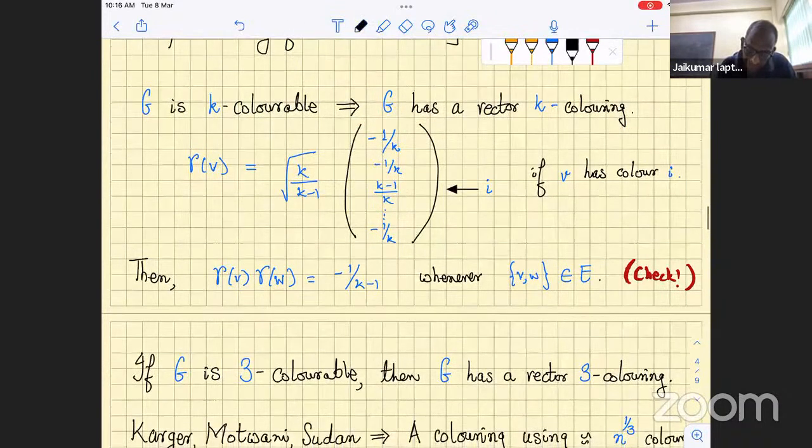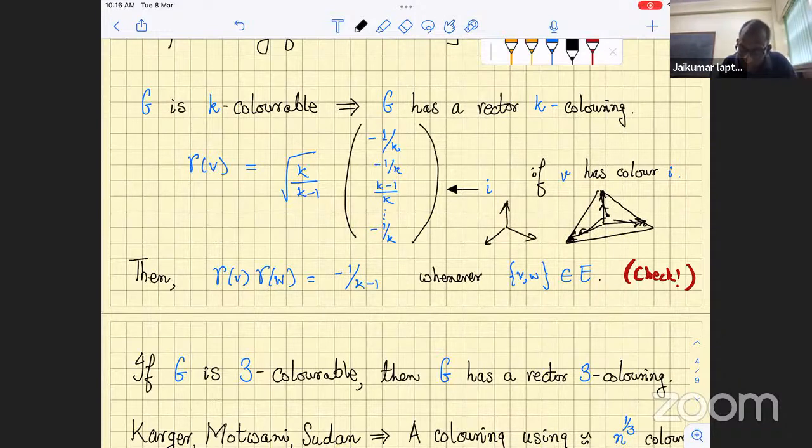We can take these k unit vectors, keep one for each color, but then we take the centroid of this triangle and consider these as the k vectors. So if you want 3 vectors, we place them symmetrically like this.